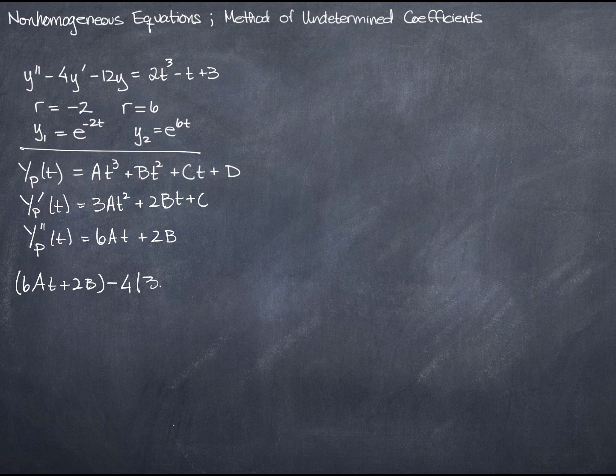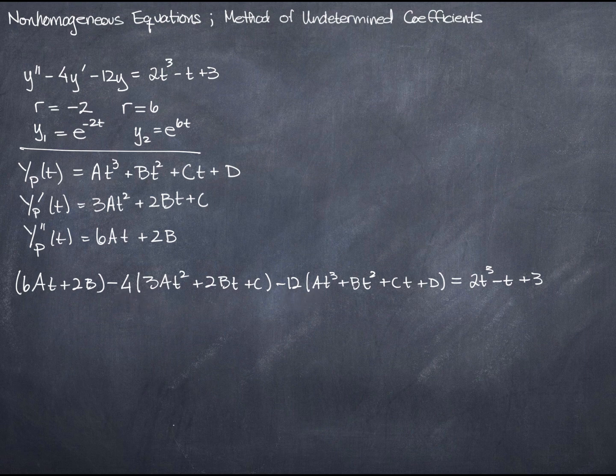Y prime is 3at squared plus 2bt plus c minus 12 times y, and y is at cubed plus bt squared plus ct plus d. That has to equal 2t cubed minus t plus 3.